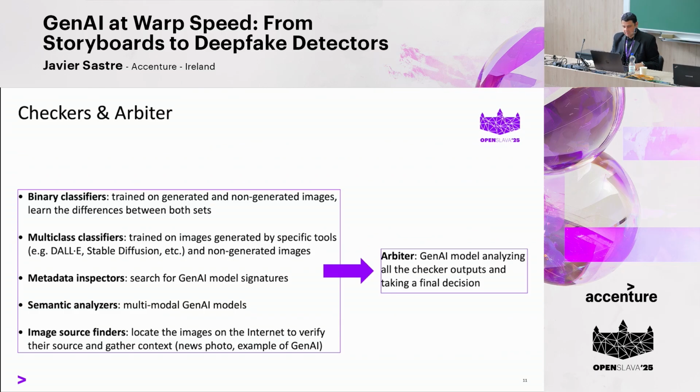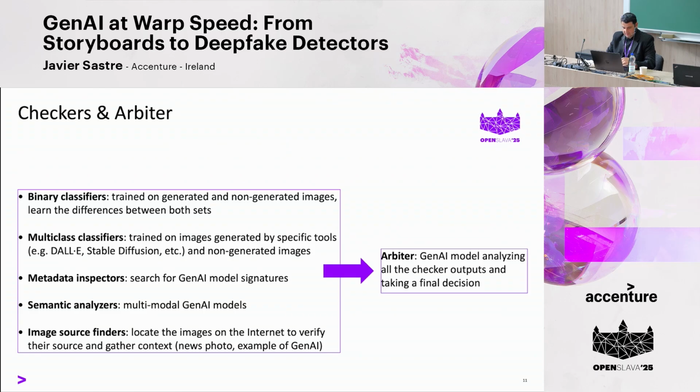Like we have binary classifiers that are traditional machine learning models. They have been trained on generated and non-generated images in order to figure out what tells them apart. Okay, what is the difference between a generated and a non-generated image? And they will give you a percentage, like this looks generated at 90% or 80%, etc.